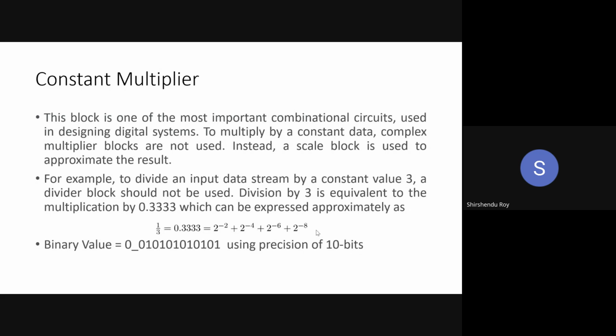Earlier, for 9 bits, I wrote that 1 by 3 is equal to 2 to the power minus 2, 4, 6, and 8. So what is shown here is that you first right shift the input x by 2 bits, then by 4 bits, 6 bits, and 8 bits, and together you can add them to achieve the result.